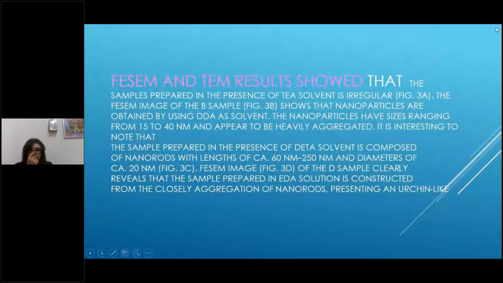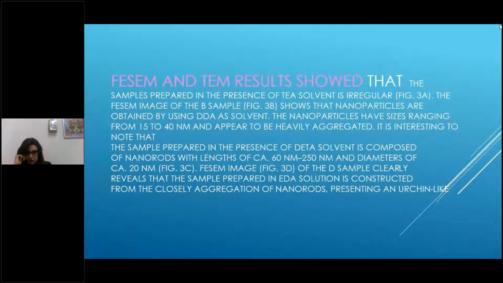The FESEM and TEM results showed that the samples prepared in the presence of water as solvent are irregular. The FESEM images of the samples show that nanoparticles are obtained by using DDA as solvent. The nanoparticles have sizes ranging from 15 to 40 nanometers and appear to be heavily aggregated.